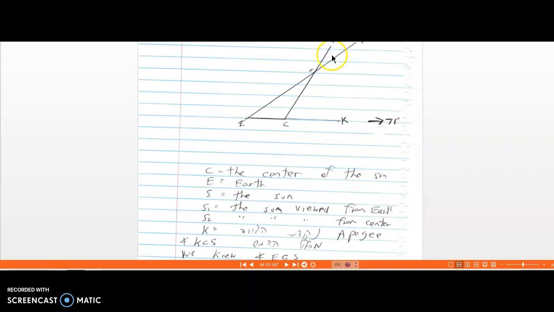Once we know this angle, angle S1 S2, that's going to be the angle that we need to deduct to find where the sun is seen as viewed from Earth.